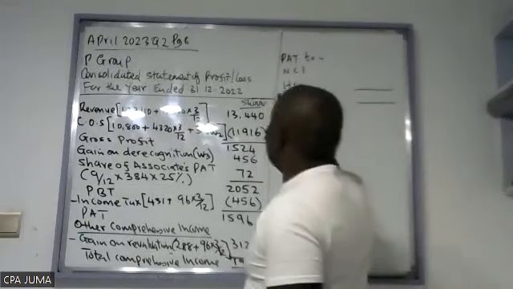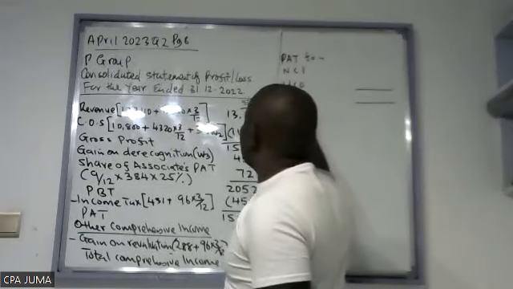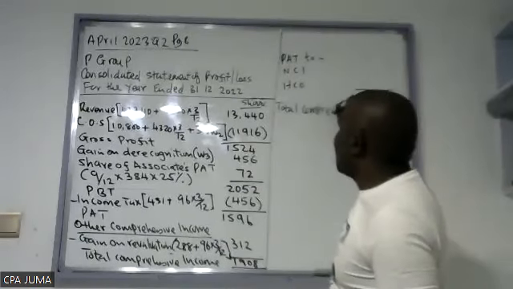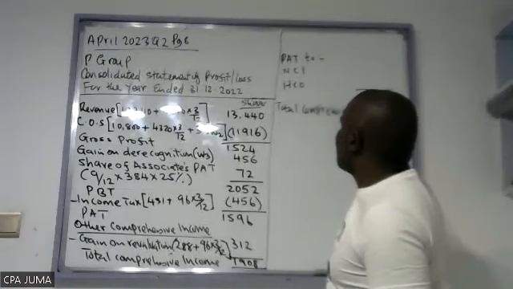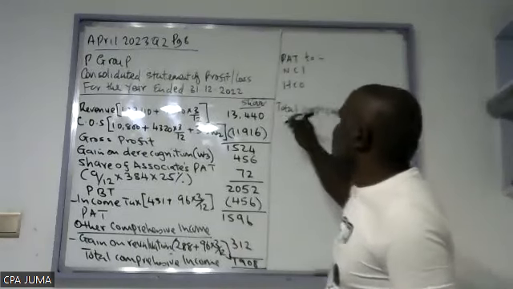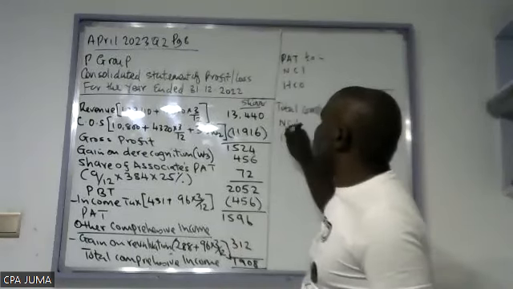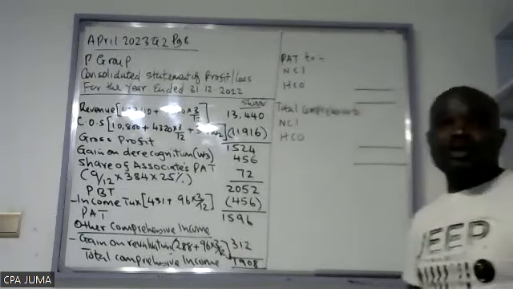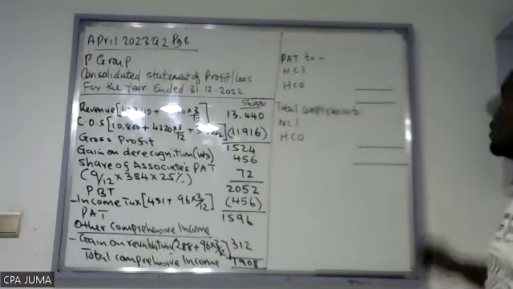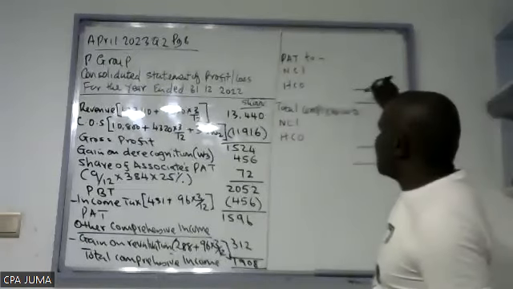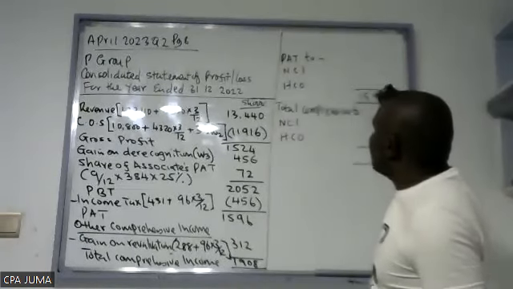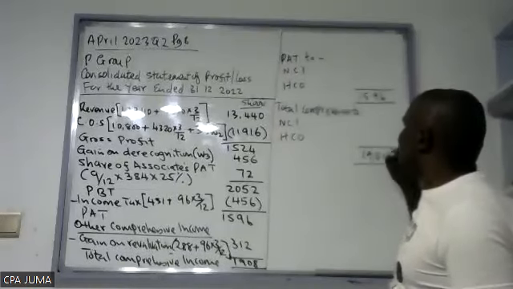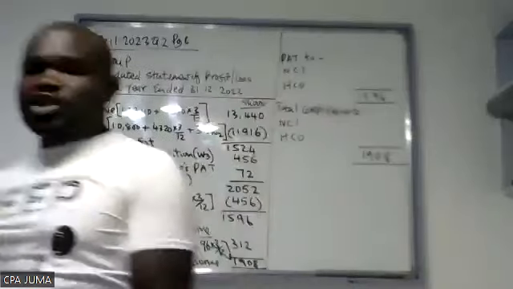Then again you say total comprehensive income to NCI and holding company. Like that. So have the layout. Here the total is 1,596. Here the total is 1,908. Those two are what we are sharing.